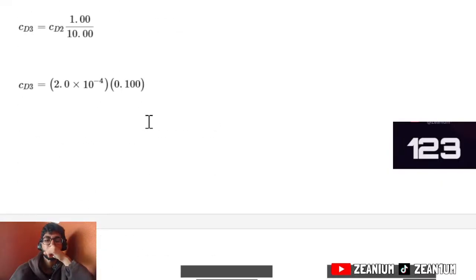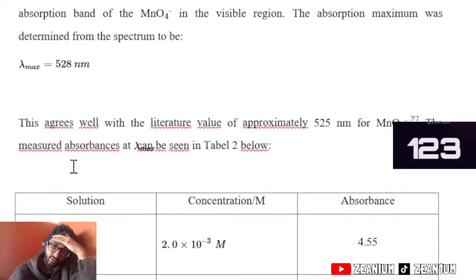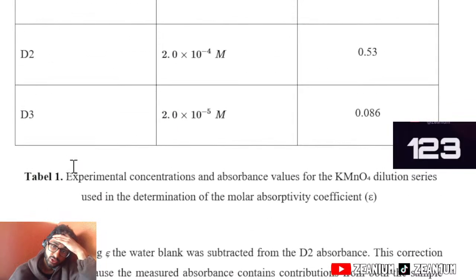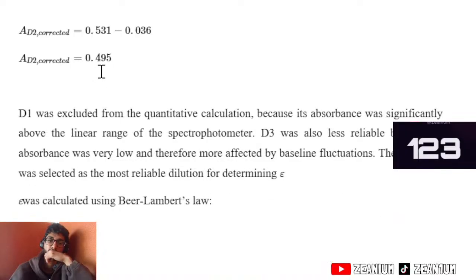And then I got a lambda max of 528 nanometers, and the absorbance of this is too high, so I subtracted the water blank from the D2 absorbance, which gave me this beautiful number.